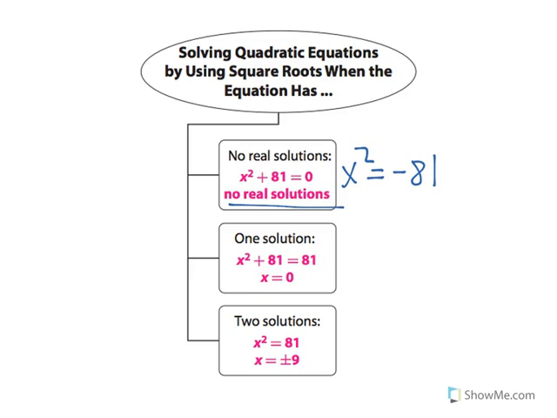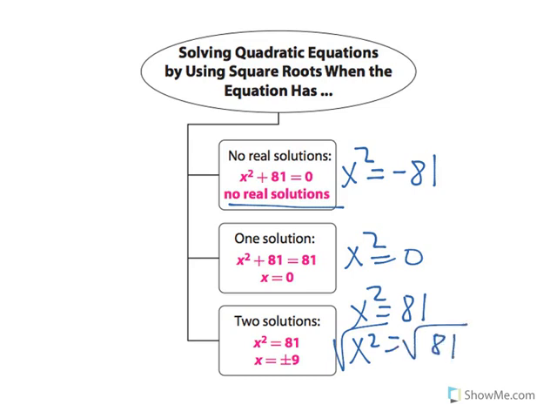When you set this up, it's minus 81 from both sides. When you have x squared equal to 0, then you have one solution. And when you have x squared equal to a positive number, then you would have two solutions. Right? So x can be plus or minus 9.